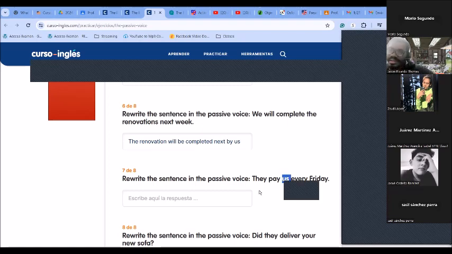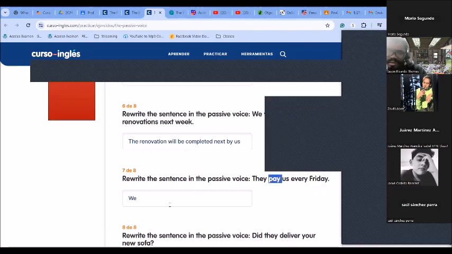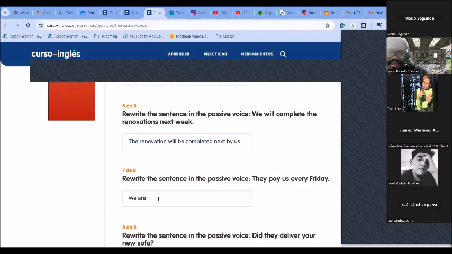If us is the object in the active sentence, in the passive sentence it becomes the subject. So what is the subject version of us? We. What's our verb? Pay. We are paid. Time?